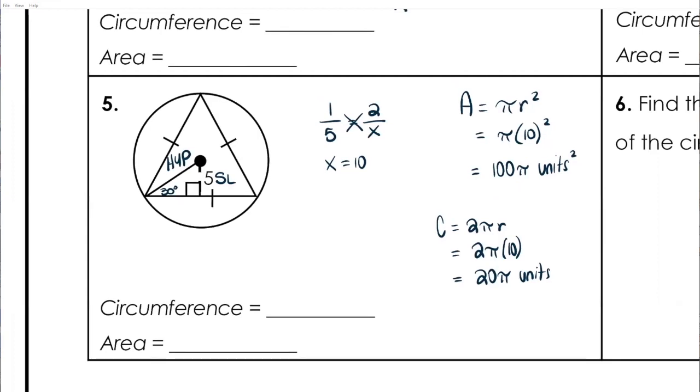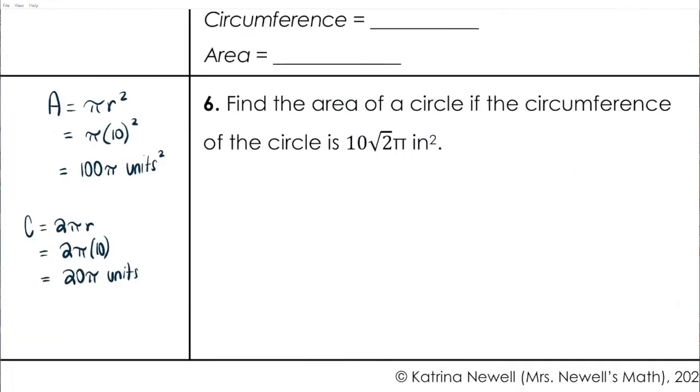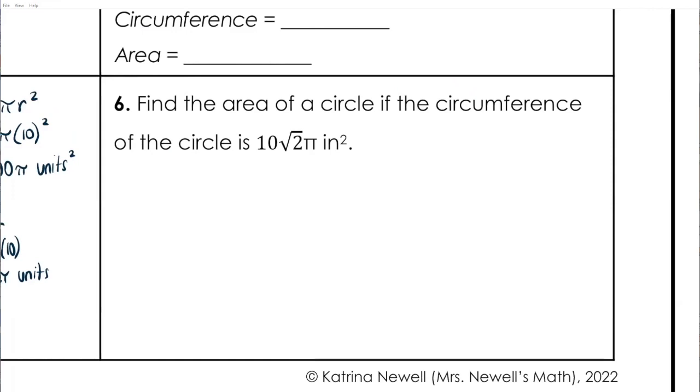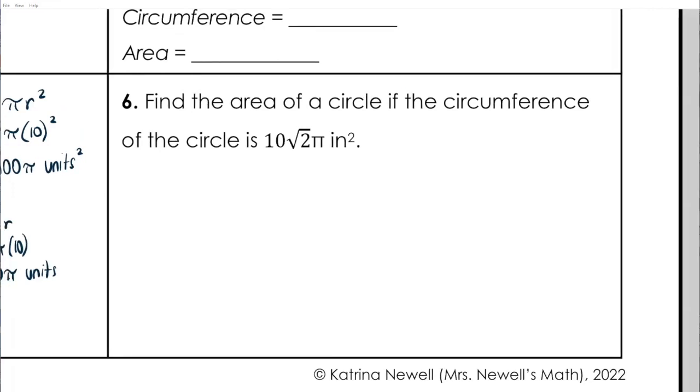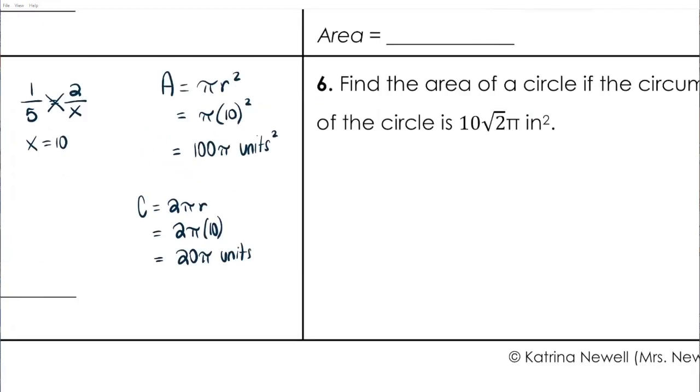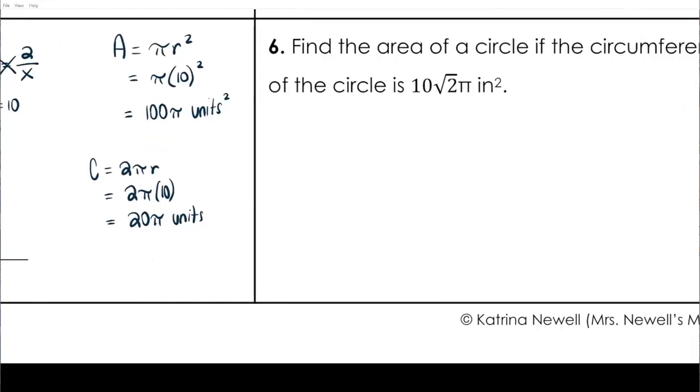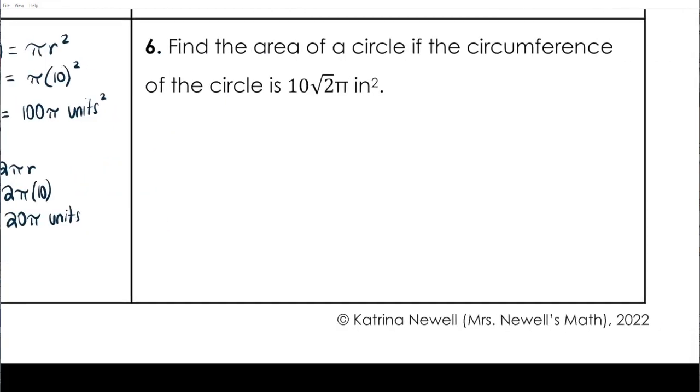All right, we're going to do one more problem together. We are going to reverse engineer one of our formulas to find the answer for the other. So number 6, find the area of a circle if the circumference is 10 root 2 pi. Okay, so they want us to find area.